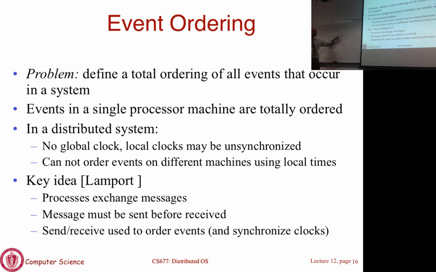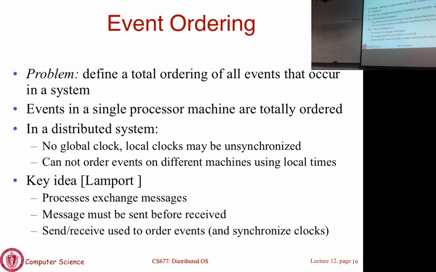You also know that the send happened before the receive. So now this allows me to order this event on this process and that event on that process. Because by transitive property, this event happened before that event, that happened before the send, the send happened before the receipt, and then the receipt happened before that. Okay. So now I can order events across two processes.